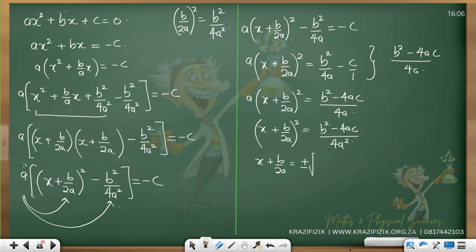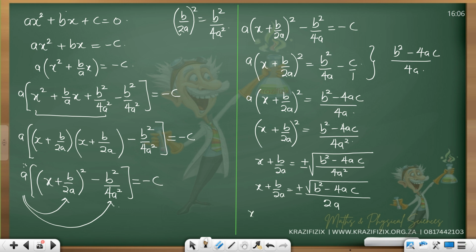Plus or minus the square root of, everything goes underneath, but I can find the square root of 4. Now I'm only going to keep the top square root. What's the square root of 4? 2. Square root of a squared, a.